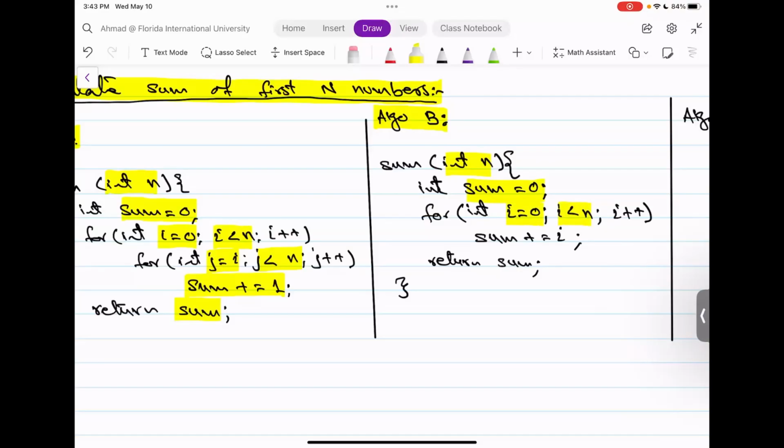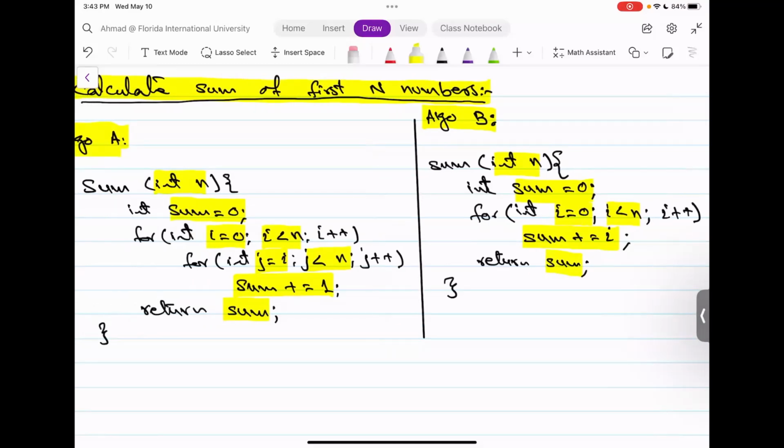But instead of having another loop and adding 1 to the sum, I'm going to add the ith value. If i is 0, 1, 2, 3, 4, whatever the value of i is, I add it to the sum. That actually does the same job. You can write this code in Java to verify that. And at the end, I return sum. So the same job which I was doing with 2 loops, now I have done with 1 loop, right?